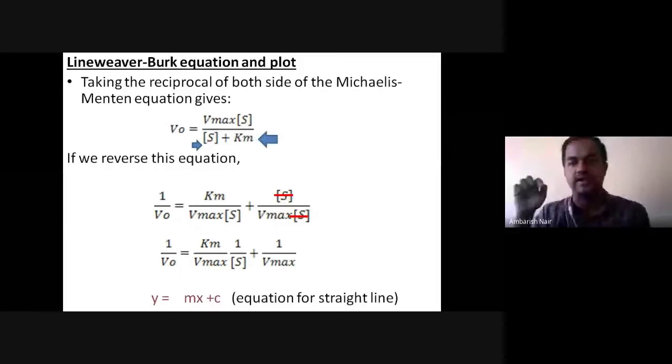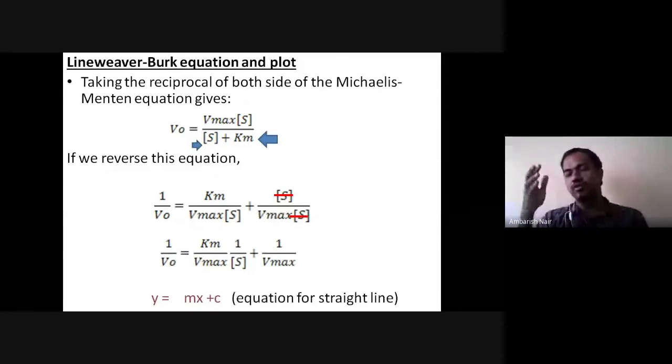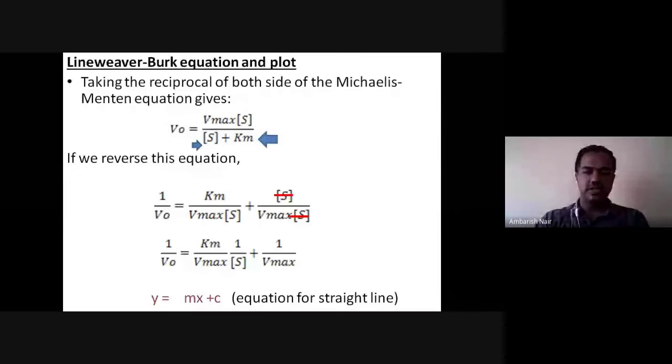In the right side, the concentration in the denominator and numerator, you can cancel it. Mathematically it is possible. You just cancel both S. So you will get this equation: 1 by V naught is equal to Km by Vmax into 1 by S plus 1 by Vmax.